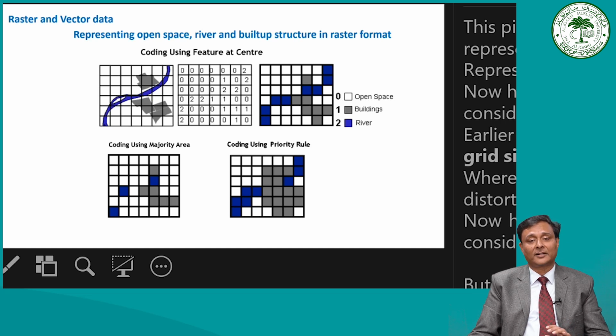But since generally the ground details are quite large and we use scales with a larger ratio, all these errors and distortions are negligible. But these examples and images give you a fair idea of the raster data format, the rasterization process, the inherent quality of rasterization and the errors associated with it, and what precautions we need to take when we are rasterizing.